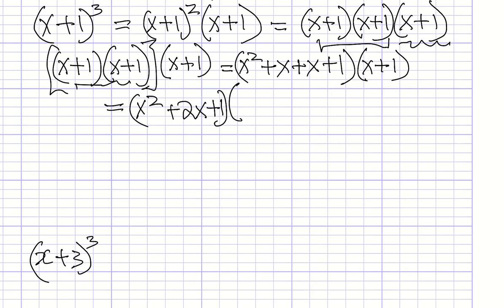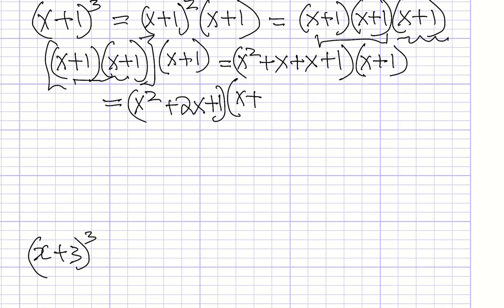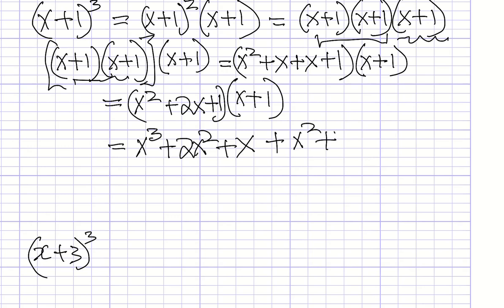I don't know why I did that. X plus 1. You just continue what we did before. So you say x times the whole thing inside the bracket, you get x raised to the power 3 plus 2x raised to the power 2 plus x. And then you add 1 times the whole thing in the bracket, you get that because it's multiplying with 1.